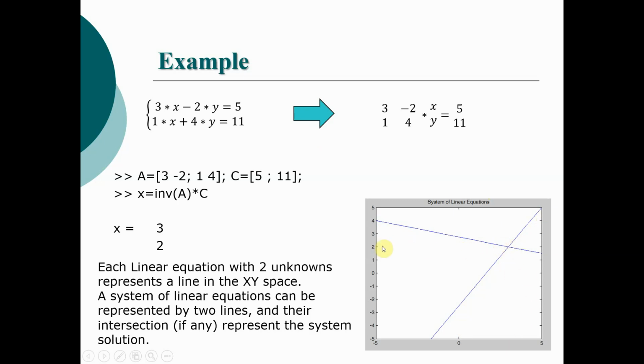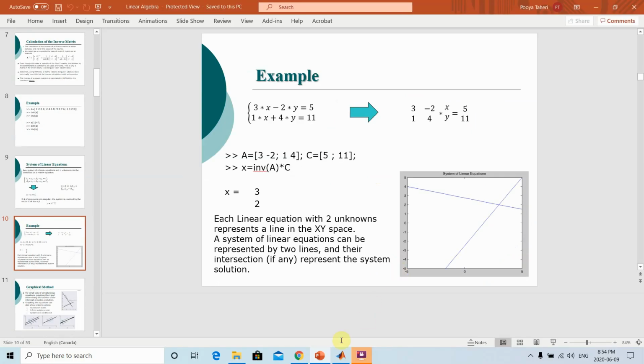This is how you can also graphically see what each equation represents. This is of course easy to do for two-dimensional or three-dimensional problems, but for more than that, it's not going to be very easy to imagine. But I just wanted to show you how we can do this using MATLAB.